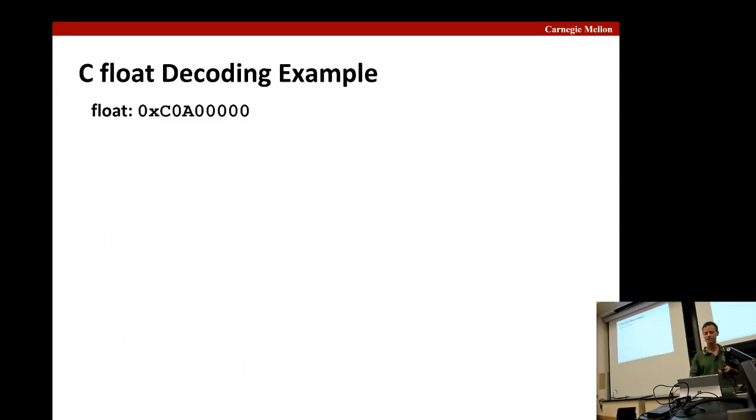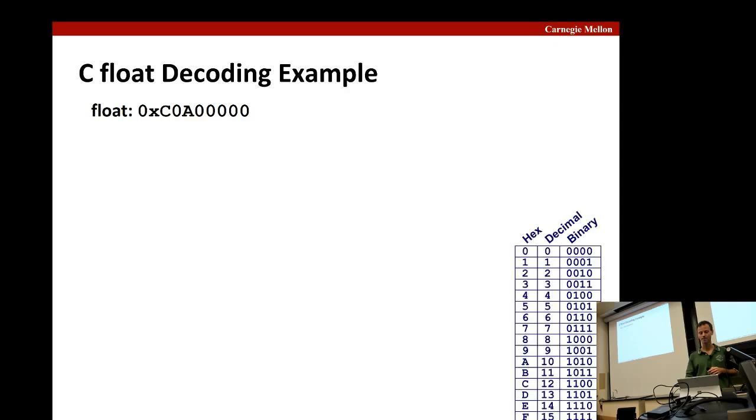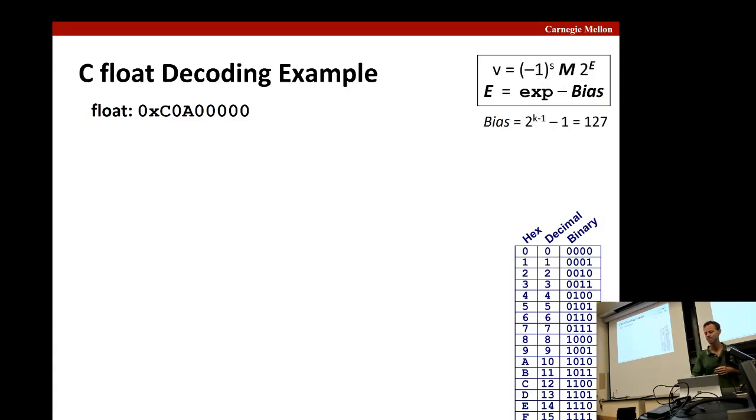Let's look at this. Suppose in C you had this hexadecimal number. Here's our hexadecimal cheat sheet. You should be getting really good at this by now if you've been doing the assignments. And this is our translation cheat sheet. In this case, this is the normalized case, so you get the exponent minus the bias, as opposed to 1 minus bias in the denormalized case.